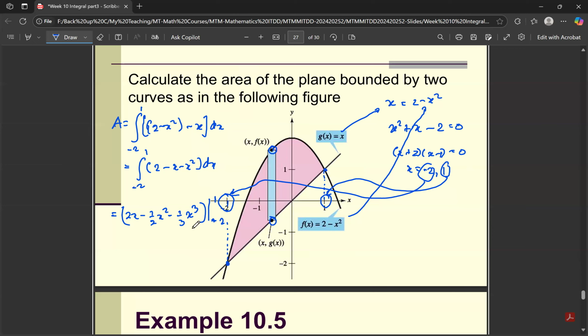Okay, please evaluate this equation. 2 minus of half minus 1 over 3, minus 2 become minus 4, minus 2 plus x over 2. And please start there.